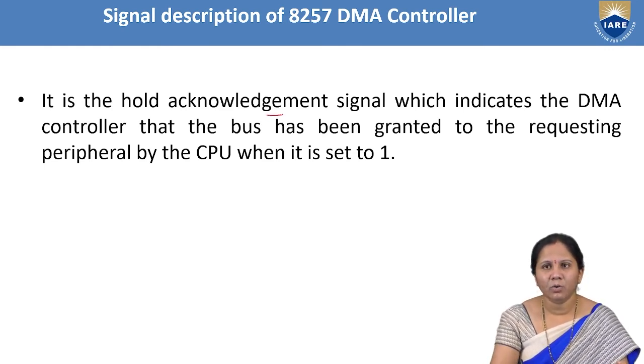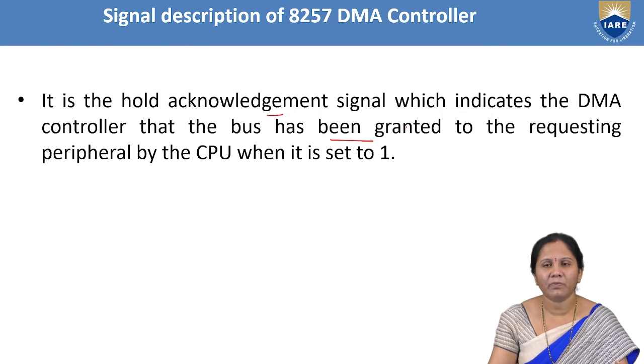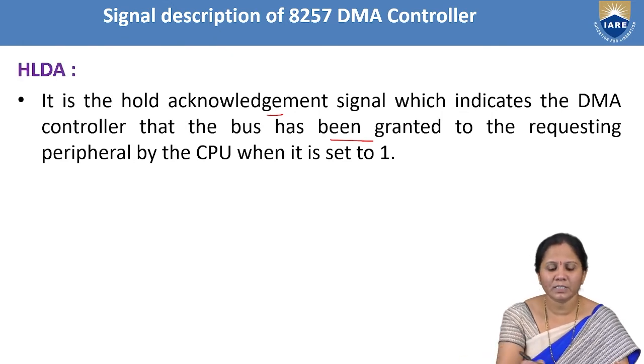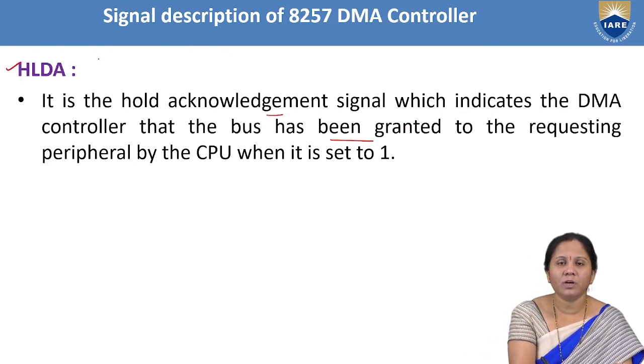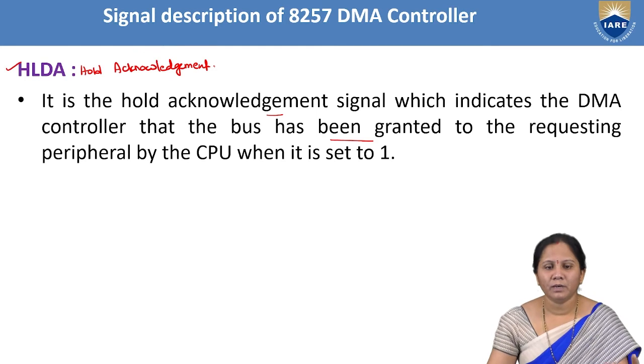It is the hold acknowledgement signal which indicates to the DMA controller that the bus has been granted to the requesting peripheral by the CPU when it is set to 1. So HLDA represents hold acknowledgement, meaning the system bus access has been granted by the 8086 microprocessor to the DMA controller.